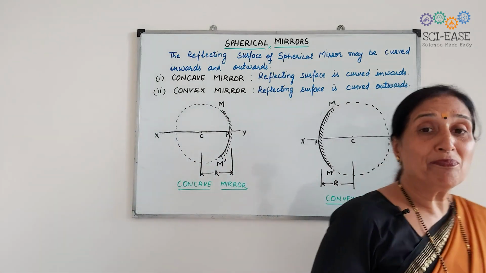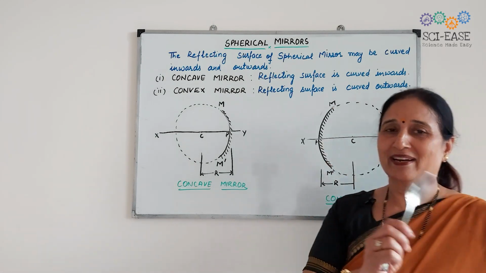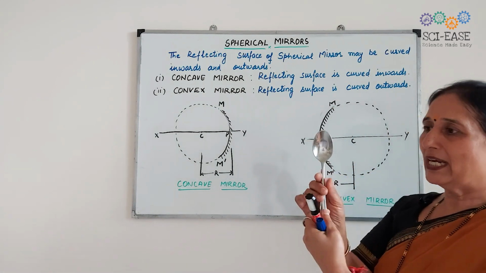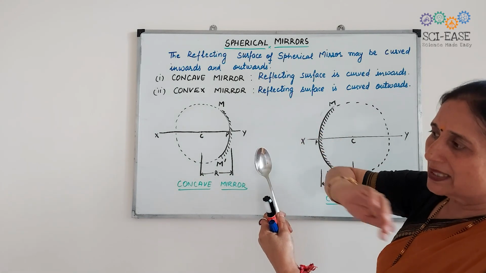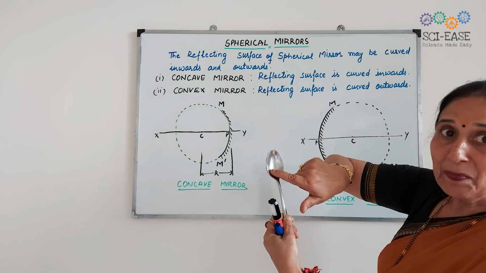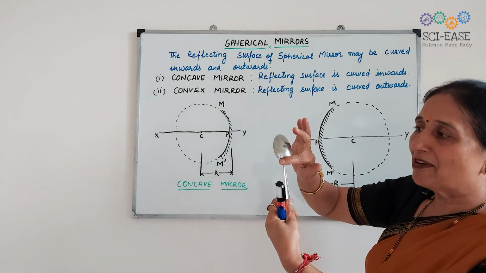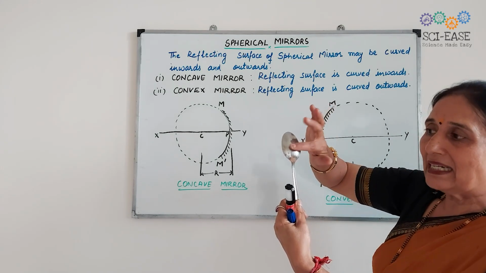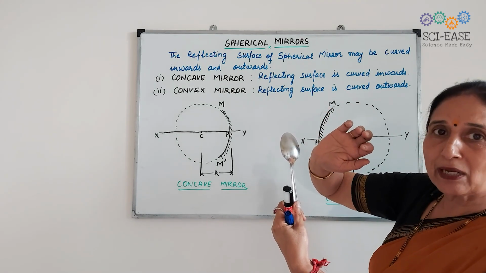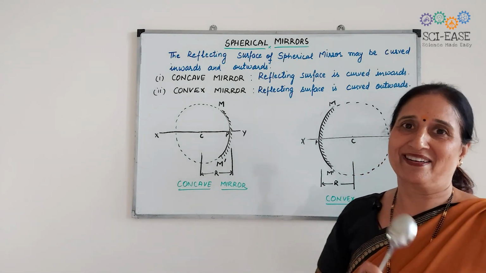The thing will become more clear by taking a spoon. Okay, this is a spoon. If the reflecting surface is like this, inwards, then it is the concave mirror. And when the reflecting surface is curved outwards and the reflection takes place here, then it is known as a convex mirror.